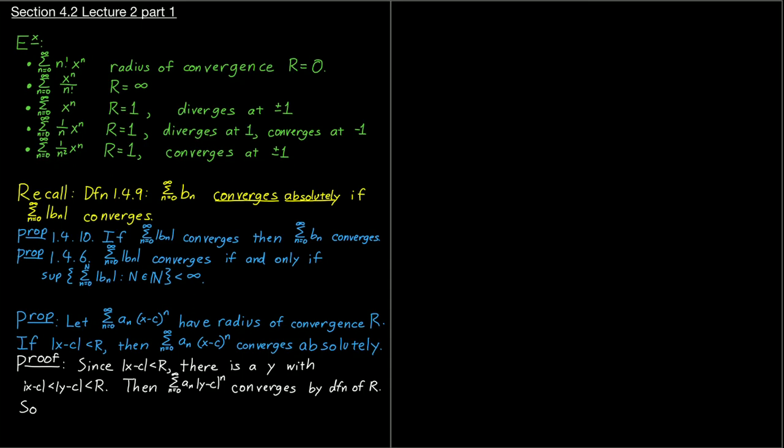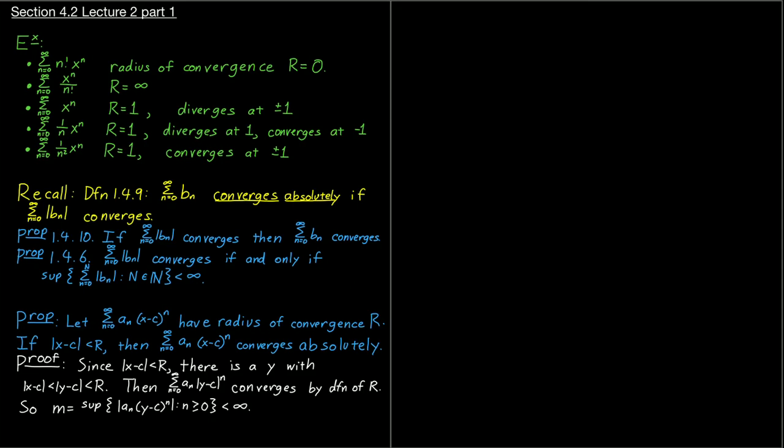Eventually you're close to zero, and there's only finitely many of them before you get close to zero. So we've got that this is finite.